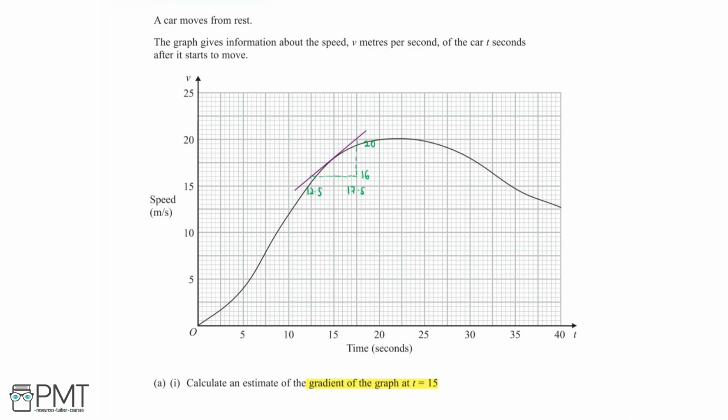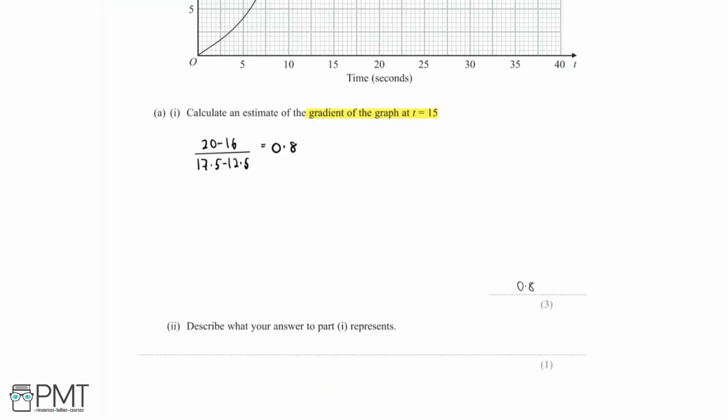And so the change in y divided by the change in x is equal to 20 minus 16 divided by 17.5 take away 12.5. Putting these numbers into our calculator will leave us with an answer of 0.8. And so using our tangent, we found that an estimate for the gradient of the graph at t equals 15 is equal to 0.8.